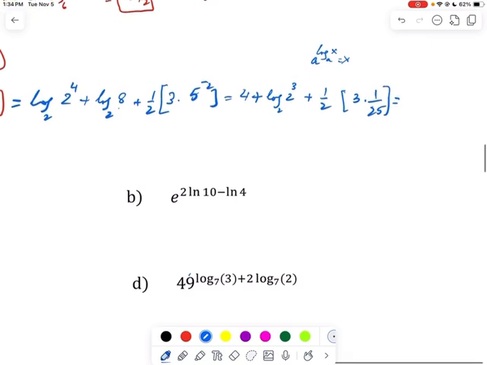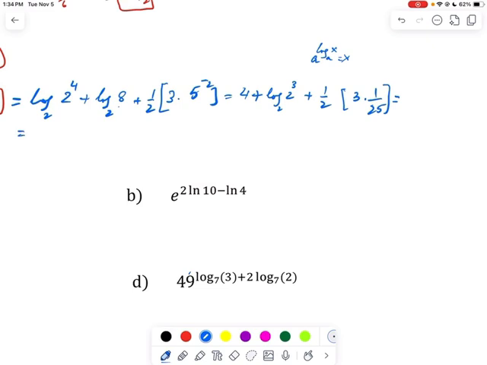So 4 as it is, plus this gives me 3/50. So we get 7 plus 3/50, or you can simplify and get it as one fraction, which gives me 353/50.